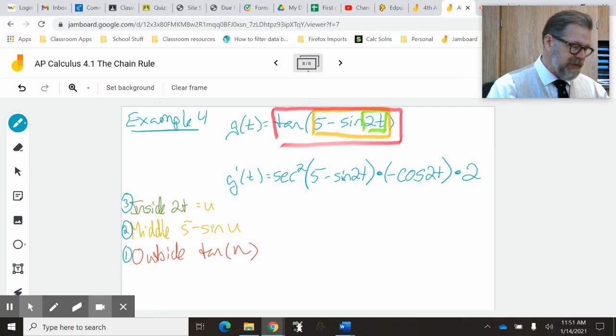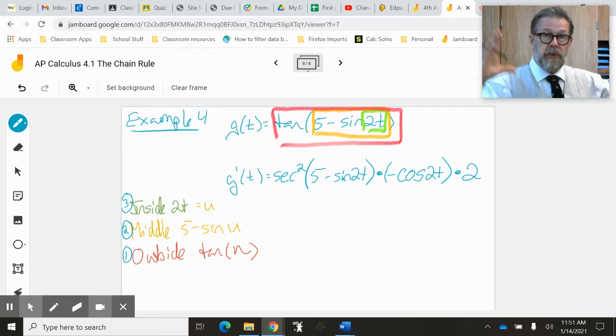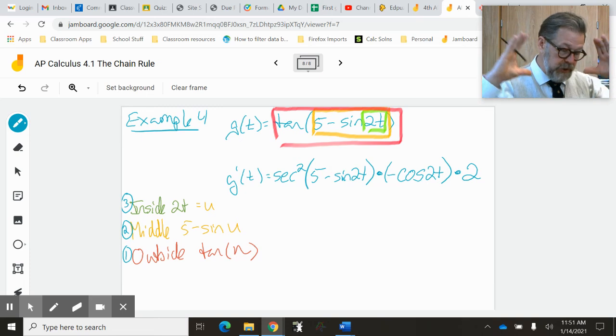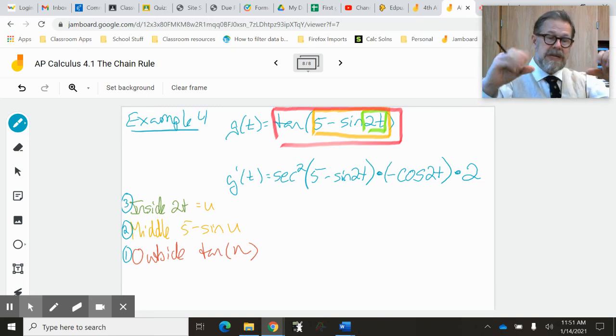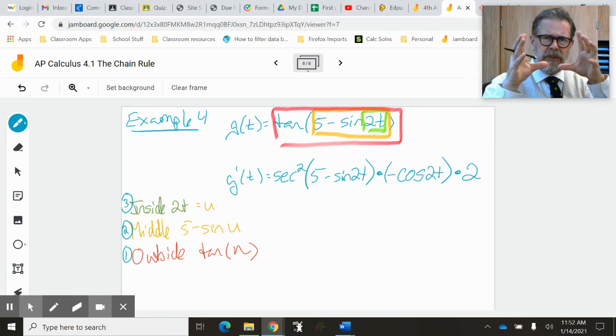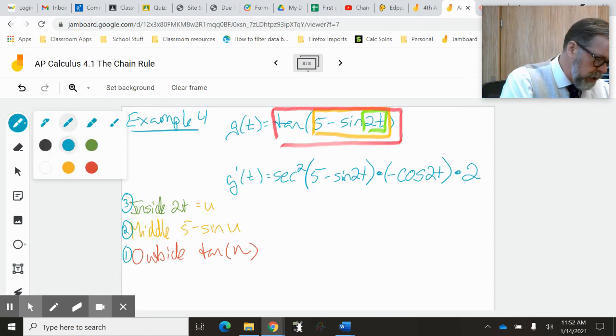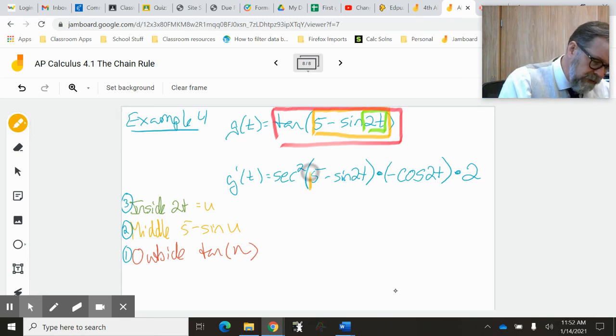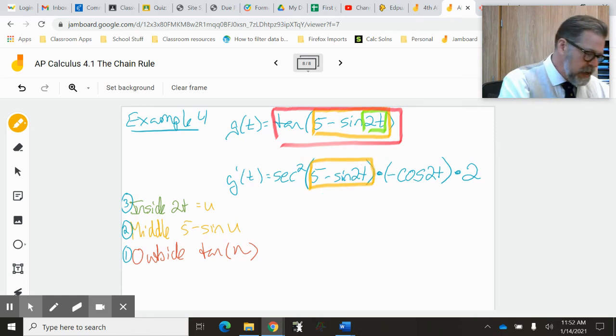There's the derivative of a very complex function, starting with the outside and just working my way in. Derivative of tangent times the derivative of 5 minus sine times the derivative of 2t. Again, leaving the inside the same each time. Notice that 5 minus sine 2t didn't change.